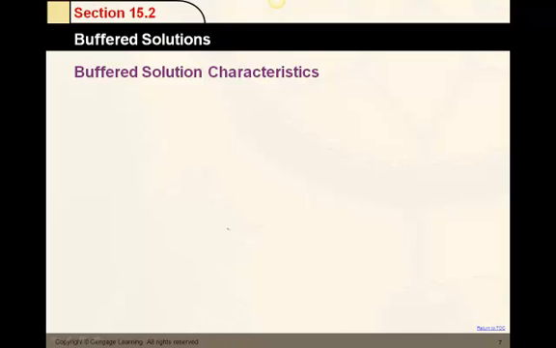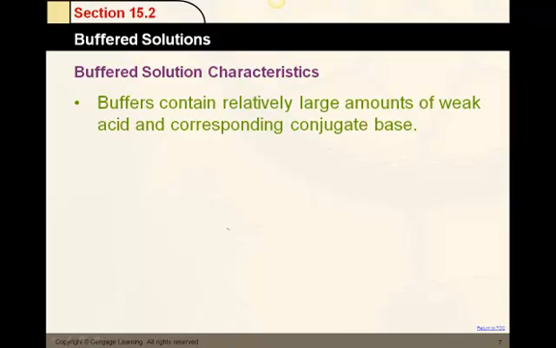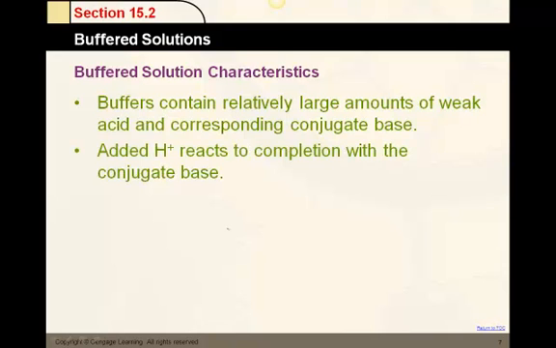So let's see what they say about solution characteristics. Important facts. Buffers contain relatively large amounts of weak acid and corresponding conjugate base. So it's a weak acid and its conjugate, or a weak base and its conjugate. Added hydrogen reacts to completion with the conjugate base.